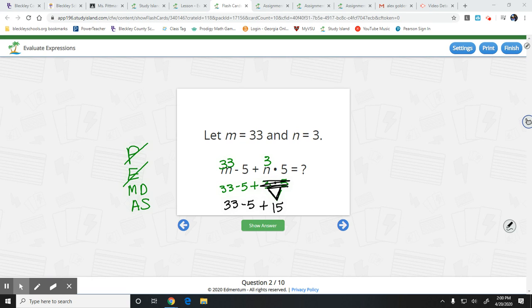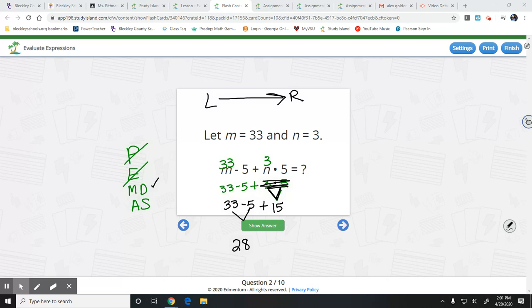All right, there's no more multiplication or division, so I'm done with that step. So now I have addition and subtraction. I'm going to work from left to right, the same way we read. So I'm going to go 33 minus 5. I'm going to think 33, 32, 31, 30, 29, 28. So I've got 28.